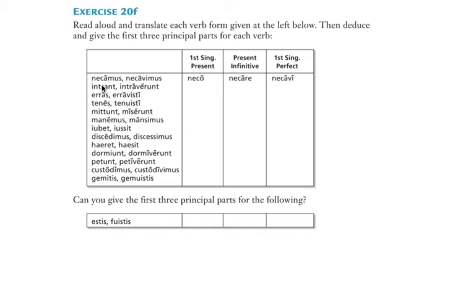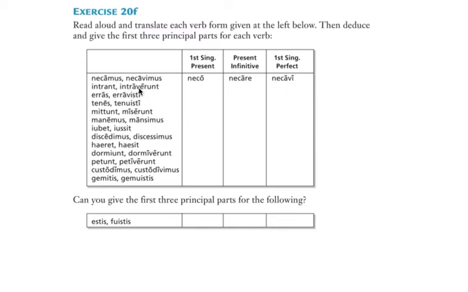So I'll give you two more gimmies here, okay? Intrant and intraverunt, again, follows a very similar pattern to this one here. You see that A there, and you're going to know that this is another first conjugation verb. So you're really just going to follow the pattern. Intro here and intrare here, and take a wild guess what's going to go here.